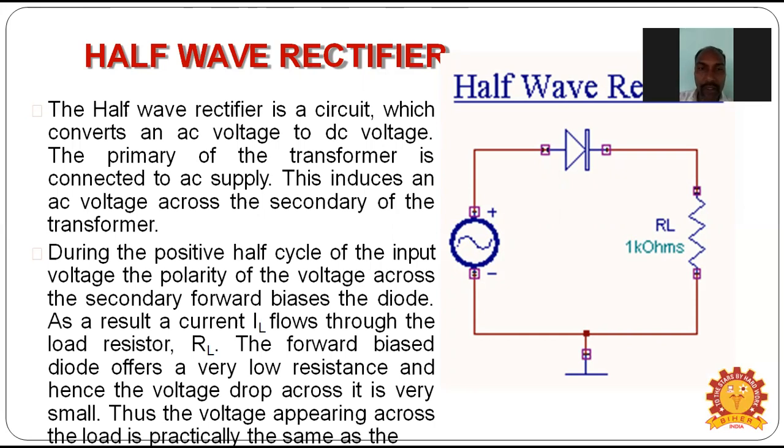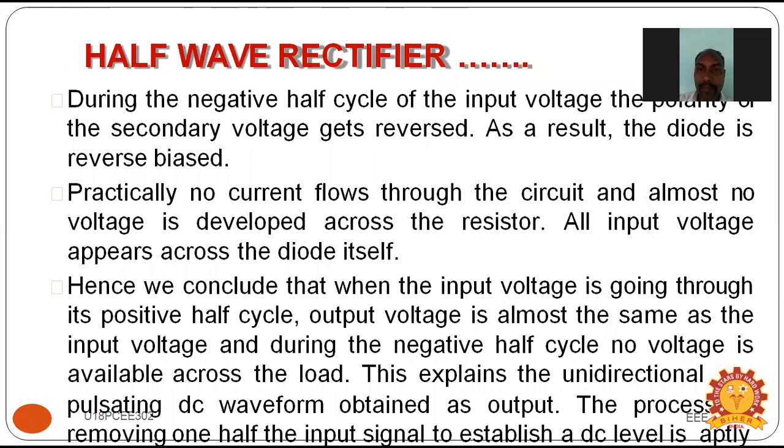The forward biased diode offers a very low resistance, and hence the voltage drop across it is very small. So we conclude that the voltage appears across the load, as in the half-wave rectifier.